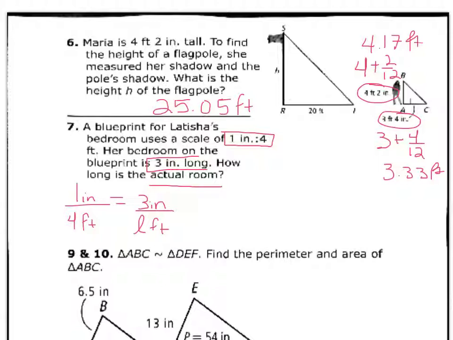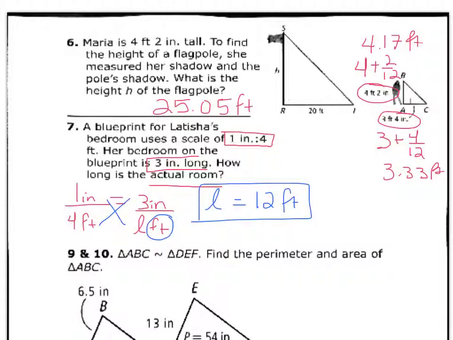All we got to do is just cross multiply. So when I cross multiply, 1 times the length is just the length, and 4 times 3 is 12. This is supposed to be in feet, so it's 12 feet. That's it. Everybody okay with that? Yes? Okay. Now for the next problem.